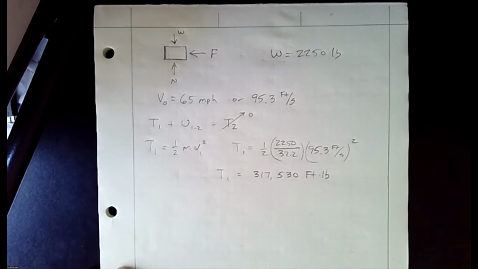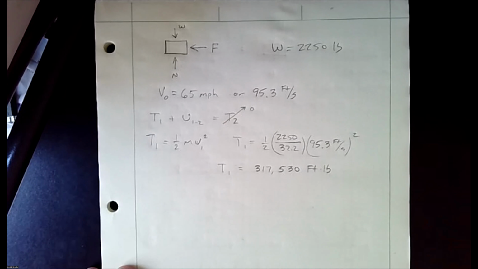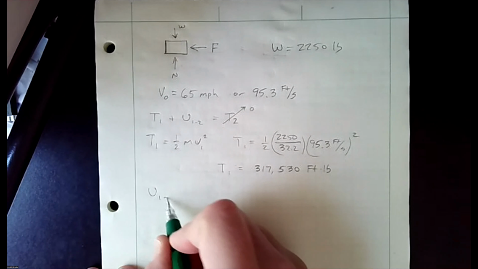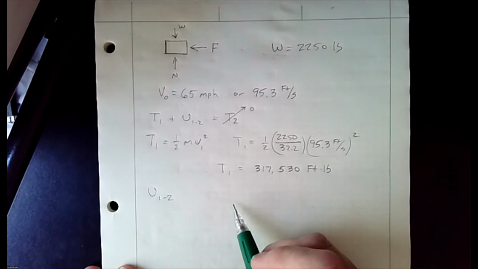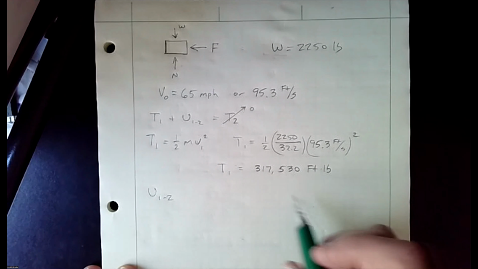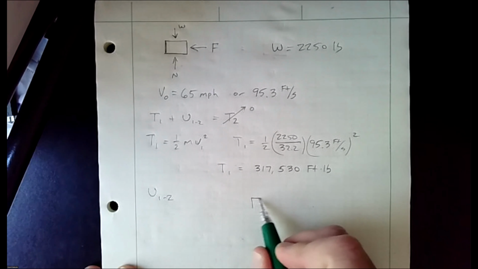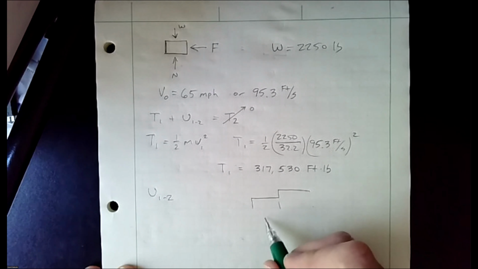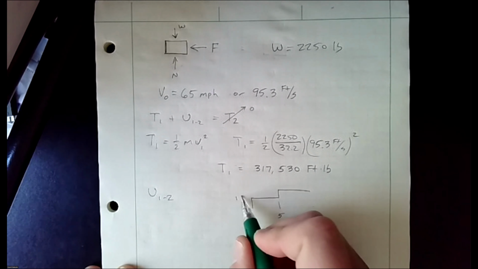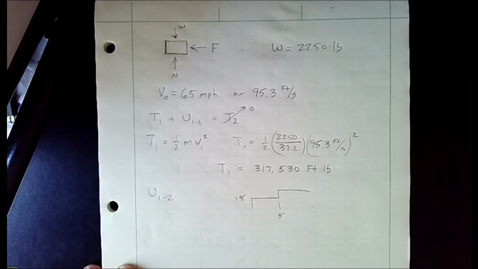Okay. So if we look at U1 to 2, based on the diagram, and if you need to pause and look at the back of the diagram, essentially the diagram has a step function, so to speak. The first 5 feet, that's at 18, right?